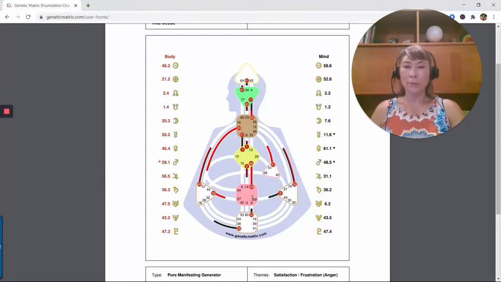So this is how the connection between this motorized energy of the sacral is actually expressed through the throat. And again, the emotional solar plexus is not defined.